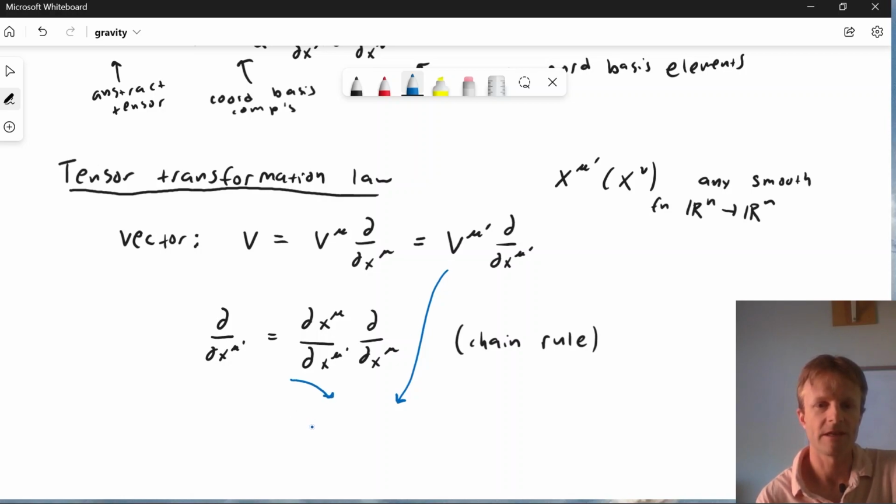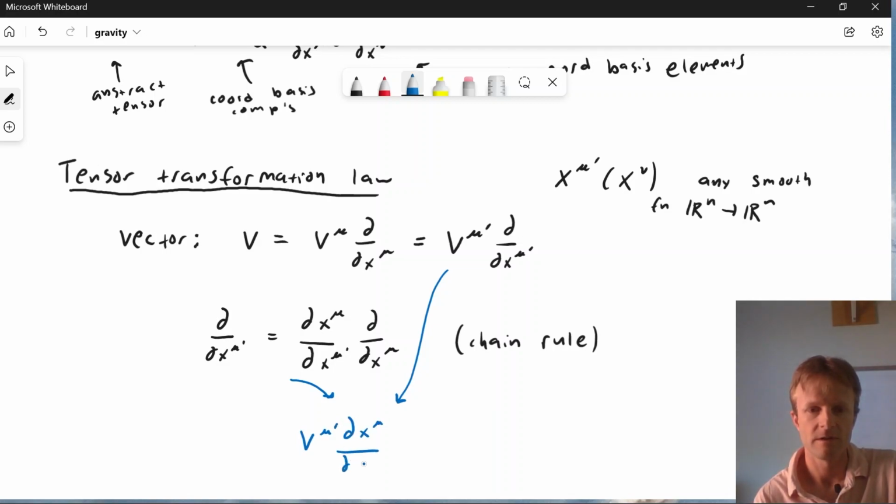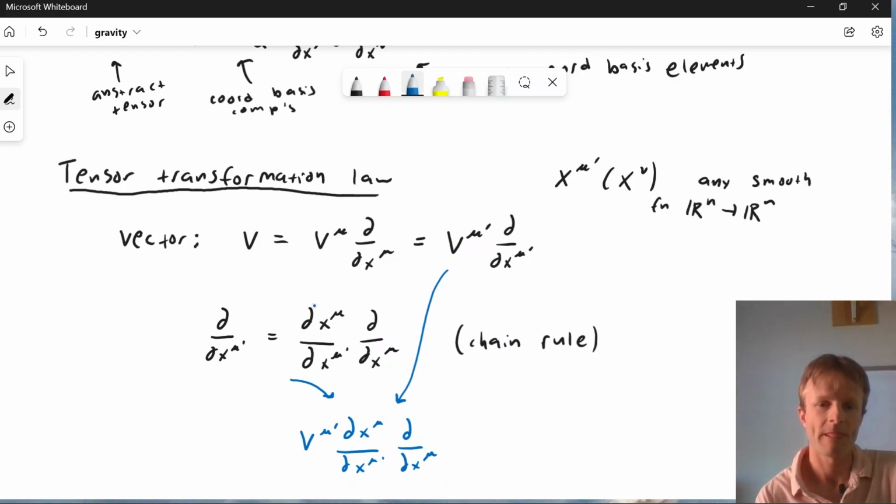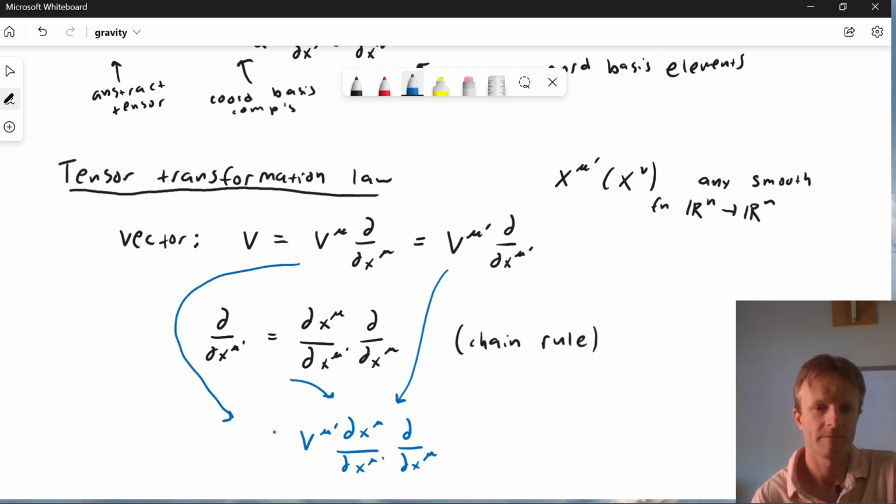And then this one here becomes v mu prime dx mu prime d by dx mu from that one. But that had to equal this, equals v mu d by dx mu.